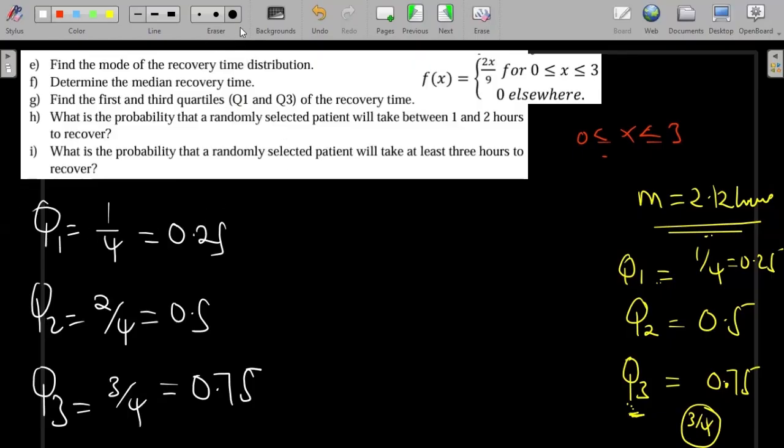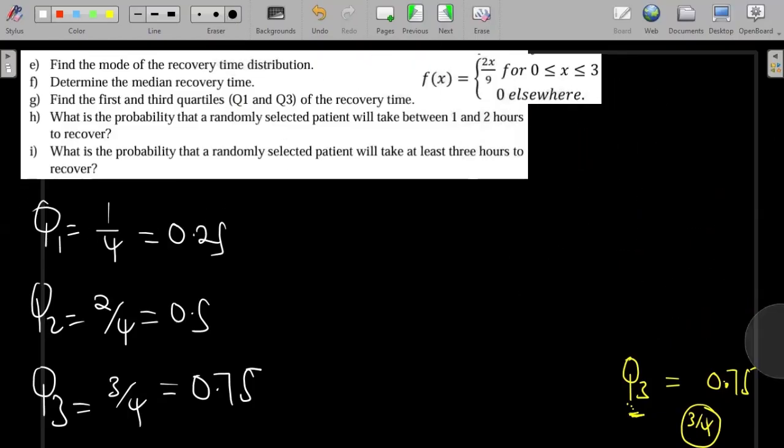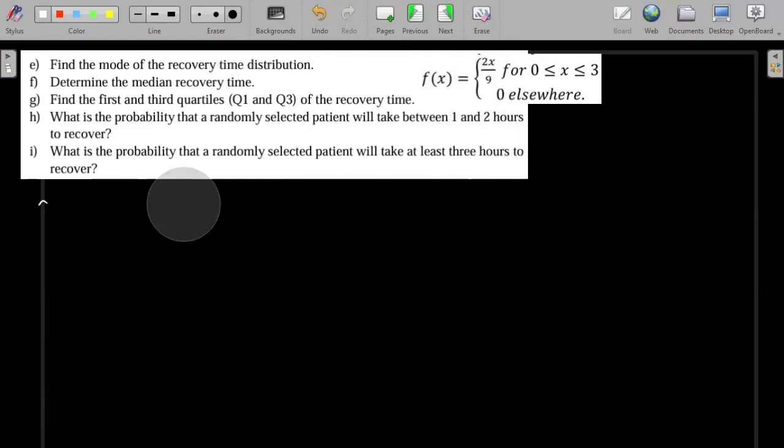So let's find Q1 and Q3. I'll get the CDF. The CDF of M, we found it was M squared divided by 9.